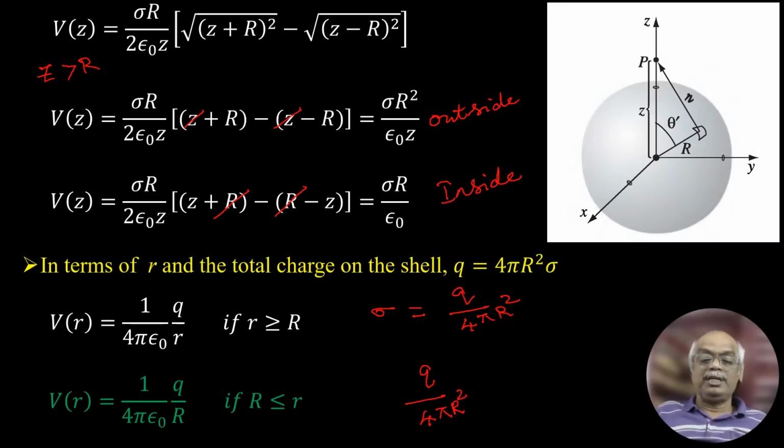Here you have R squared epsilon naught z. We are replacing z by r, in terms of r. Now this R squared and R squared will get cancelled. This will become 1 over 4 pi epsilon naught, Q by r.